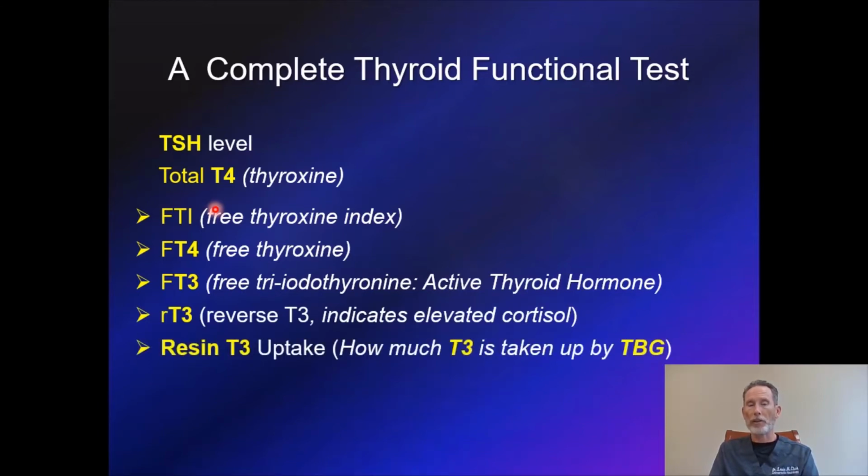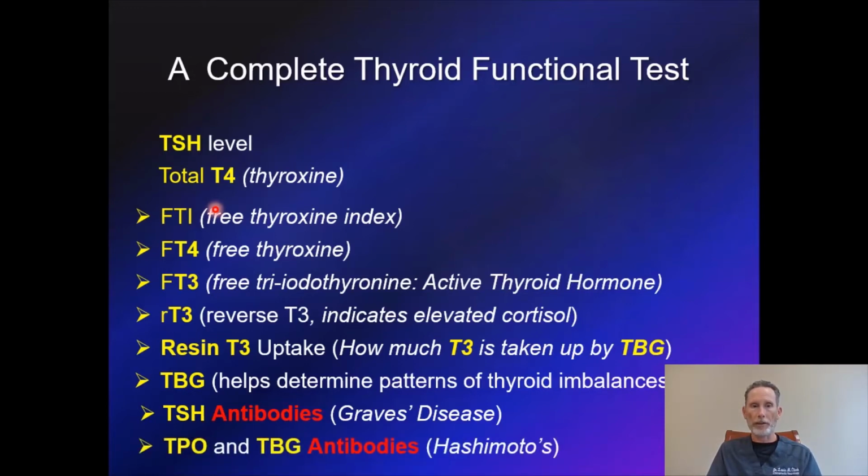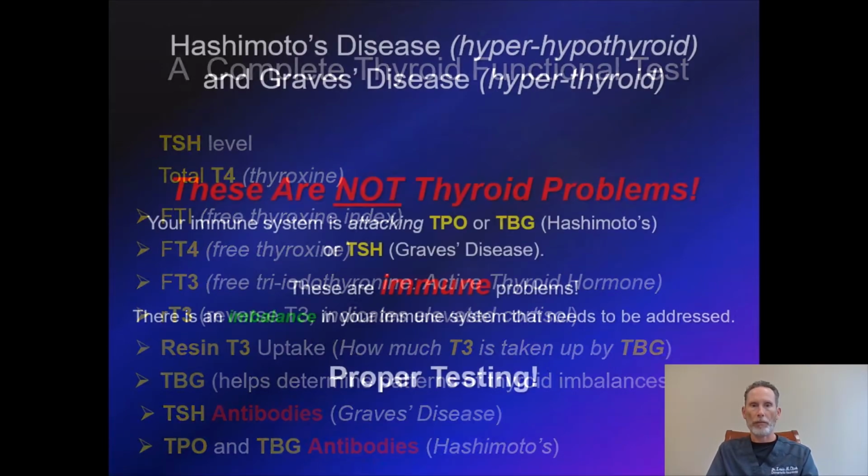Resin T3 or T3 uptake, as it is most commonly called, TBG, and of course autoimmune antibodies regarding thyroid, regarding Hashimoto's and Graves' disease. So let's go through why these tests are important. I'm going to show you how to determine from these tests where your thyroid problem is coming from.